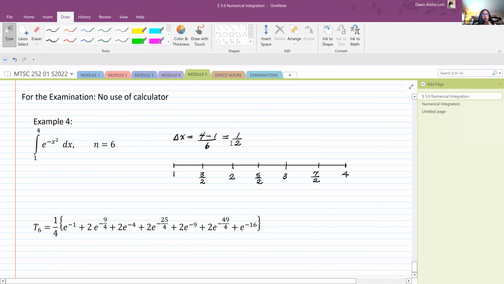T6 would be delta x over 2, so that's 1/4, times the first one, e to the negative 1, because that is 1 squared, plus 2 times the second one, e to the negative 3/2 squared, so negative 9/4, plus 2 times e to the negative 2 squared, which would be 4, plus 2 times e to the negative 5/2 squared, plus 2 times e to the negative 3 squared, which is 9, plus 2 times e to the negative 7/2 squared, which would be 49 over 4, plus 1 times the last one, e to the negative 16.